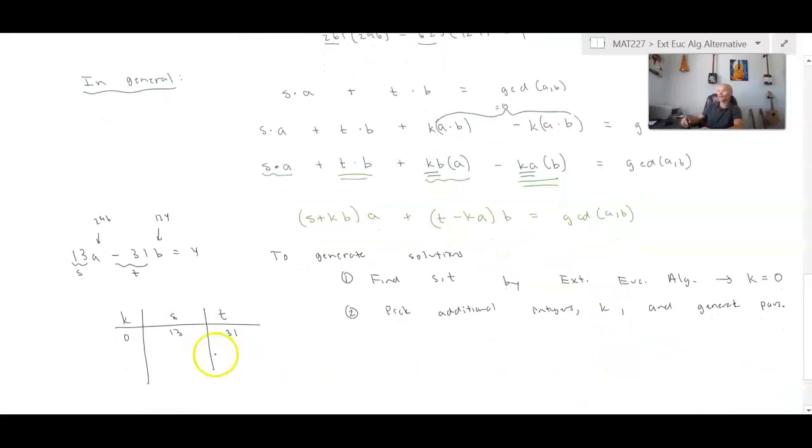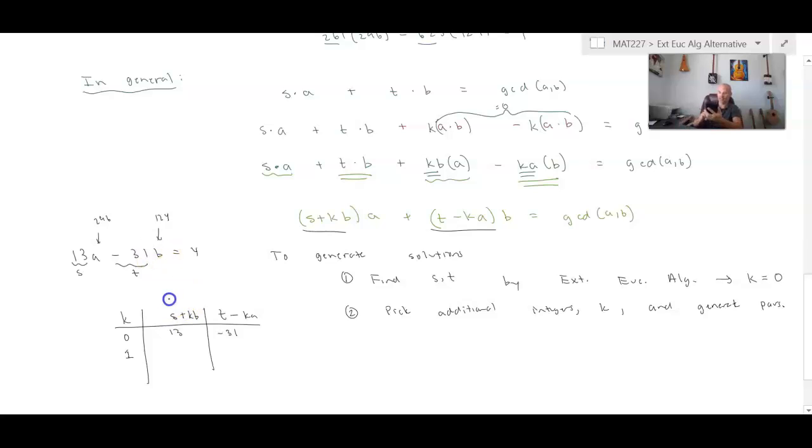And now I'll pick another value of k. So if I pick the value of k of 1, well, let's see. This will actually be s plus kb, and this will be t minus ka. Okay, that's that and that. So if k is 1, then I'll take s, which is 13, plus 1 times b. b is 124.